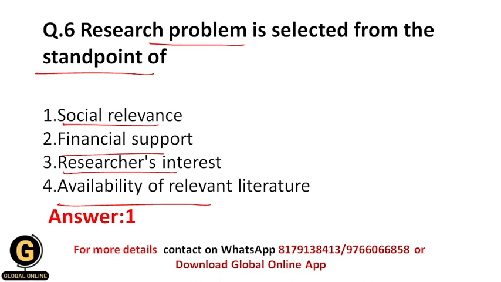Whenever we have social relevance to the research problem, then the research problem is feasible, and that we have seen in this video earlier. And that's why we should select the research problem through the standpoint of social relevance and not researchers' interest. So we should give priority to social relevance over the researchers' interest. So the correct answer should be 1.